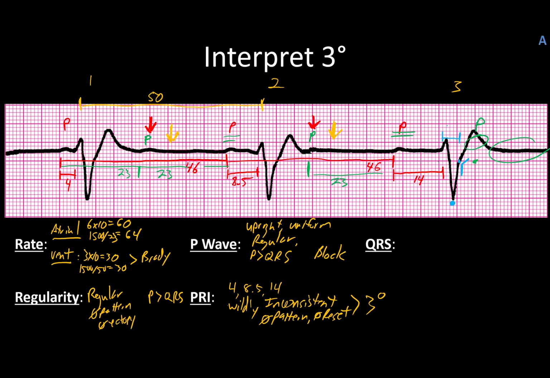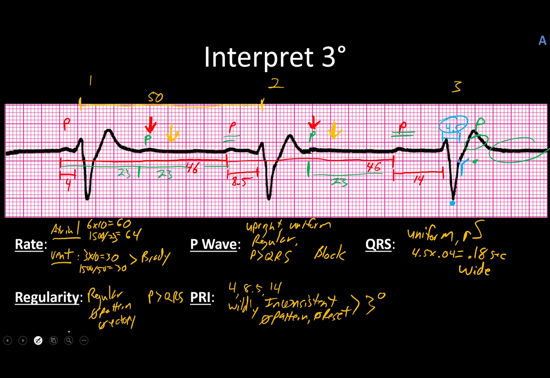At that point, that is 4.5. So we're uniform. We have our S pattern, and that gives us 0.18 sec, which is wide.